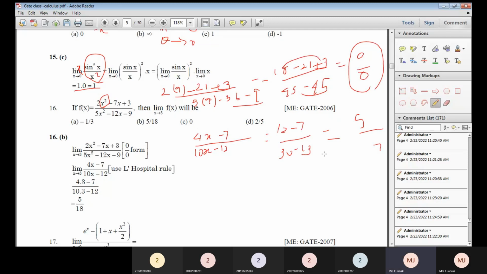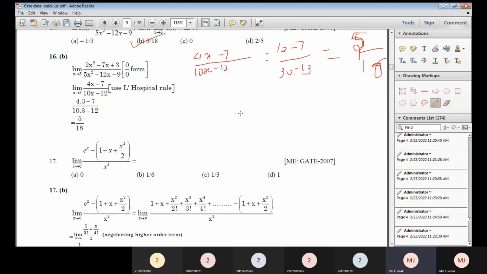So now this is 12, not 13. 30 minus 12, so you're getting 18. So 5 by 18. See, where's the option 5 by 18? C. 5 by 18. That is correct.